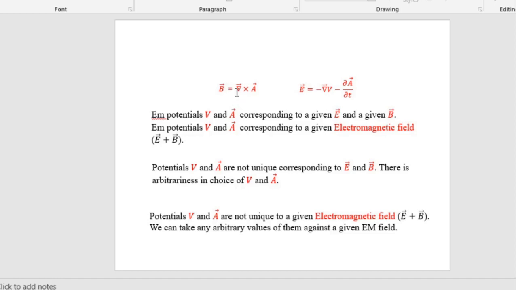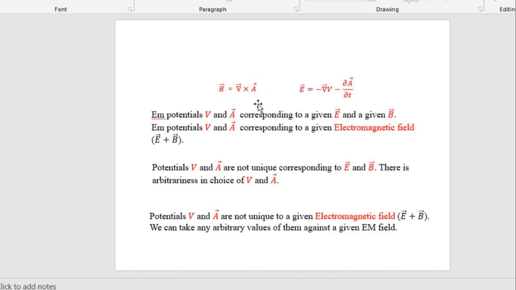Although it seems that the vector potential A is connected to magnetic field B separately, from this expression we can see that actually both the potentials V and A are coupled. Okay, they are coupled to the same electric field E. That means these potentials are coupled mathematically, and thereby the fields are also coupled.